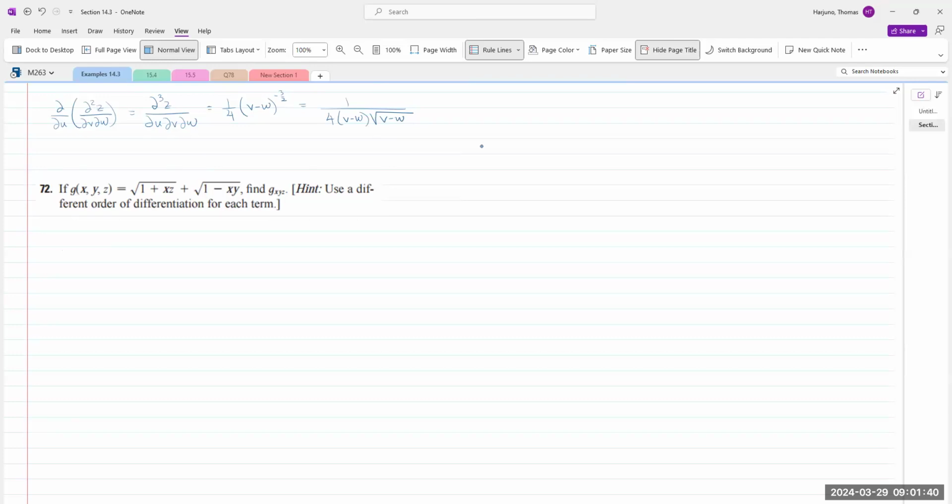Assuming continuity, which we're supposed to check, instead of doing x first, let's do y, then z, then x.